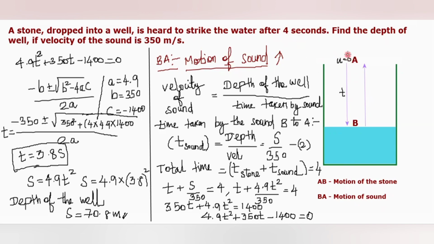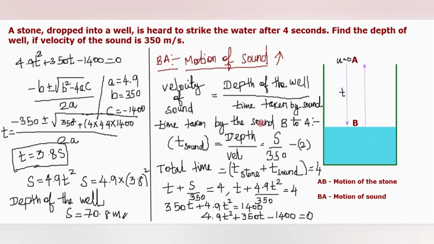So for that, first we considered the motion AB, S equal to ut plus half of gt square, that formula. Here it is freely dropped at the point A, so u equal to 0. If it is freely dropped, then the initial velocity equal to 0. Then we got the value S equal to 4.9 t square. Then BA, that is the motion of the sound in the upward direction. Velocity of the sound equal to depth of the well divided by time taken by the sound.